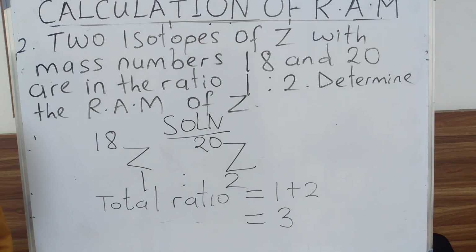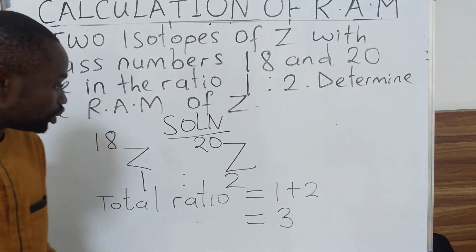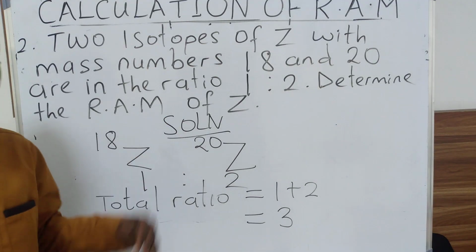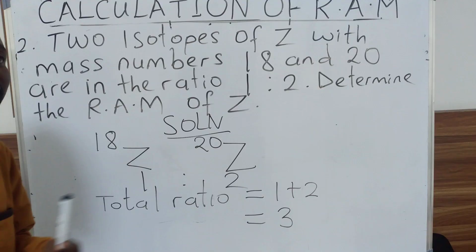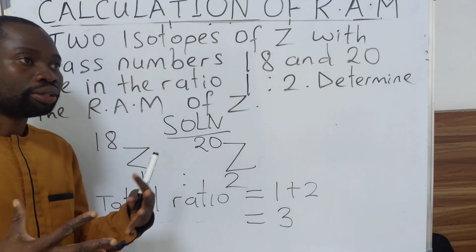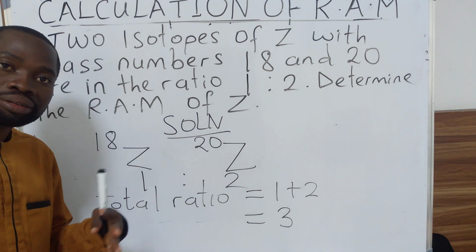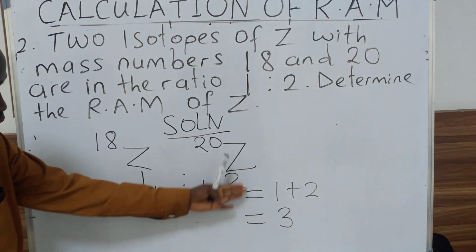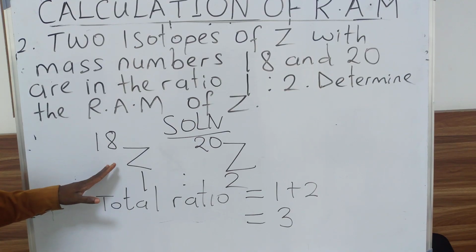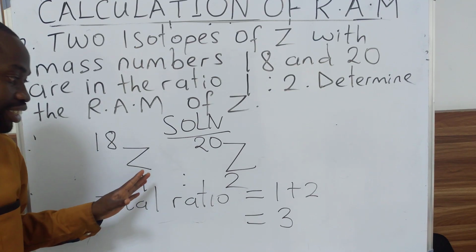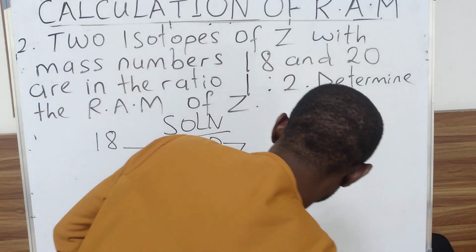After you have gotten the total ratio, the next thing you do is just like in mathematics, when you are solving proportion, when you are sharing a quantity among many people. So instead of using percentage, I'm going to use fraction.